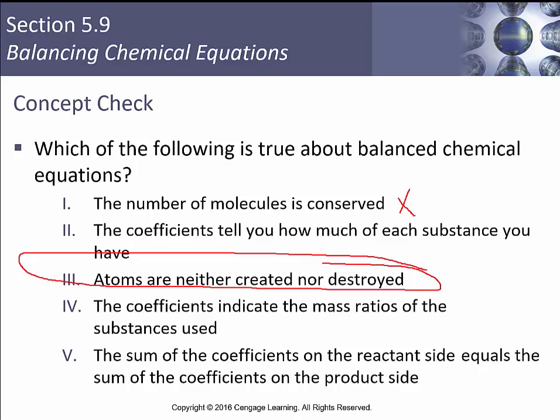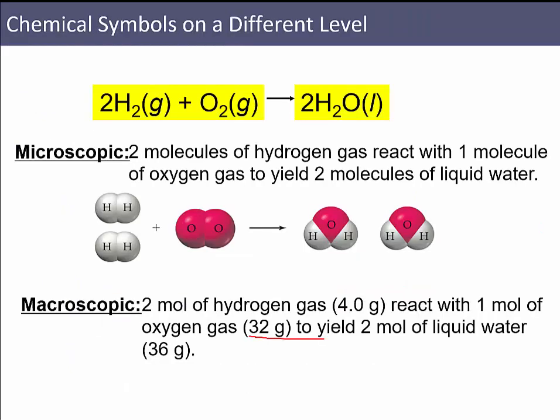Right? So this one's a little tricky, but it's an X. The coefficients indicate the mass ratios of the substances used, yeah, if you account for the atomic masses. Right? So I've got 2 hydrogen molecules, but those 2 hydrogen molecules are going to account for like 4 atomic mass units. My 2 oxygens over here are going to be 32 atomic mass units, right?